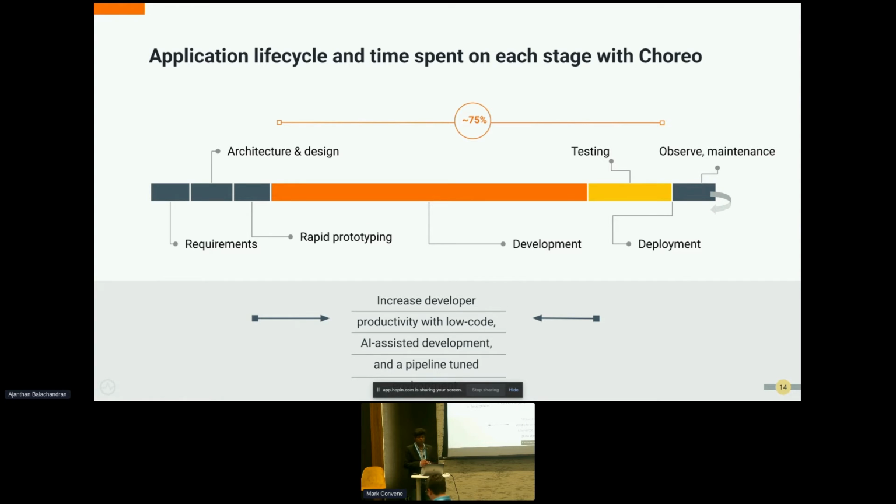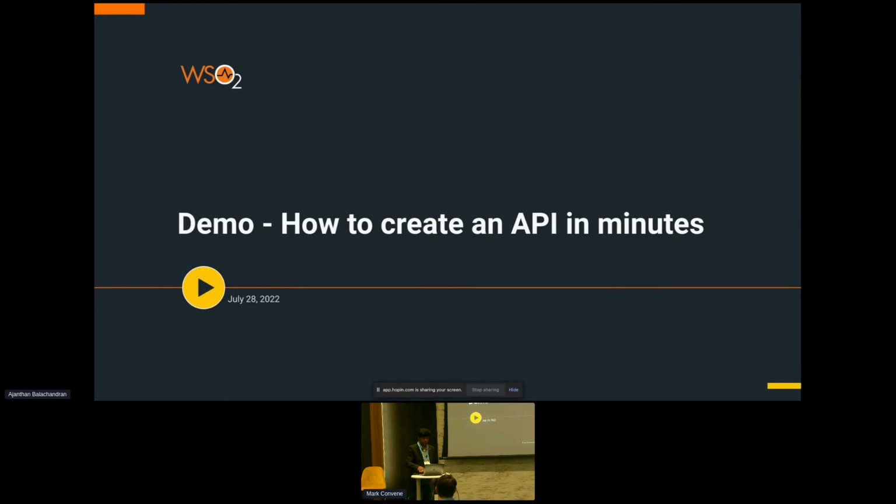You can just focus on developing your business logic, right? So that will increase the developer productivity as well as return on investment from the business perspective. This is what we have shown previously, and with Choreo, we can increase the productivity by 75%. Yeah, that's it about the introduction to Choreo.